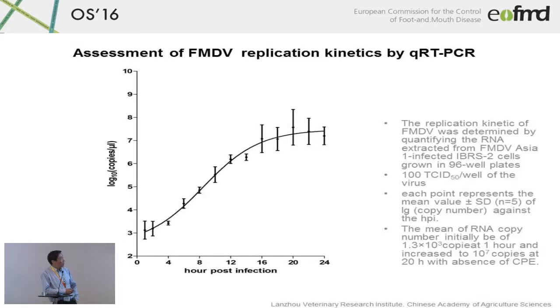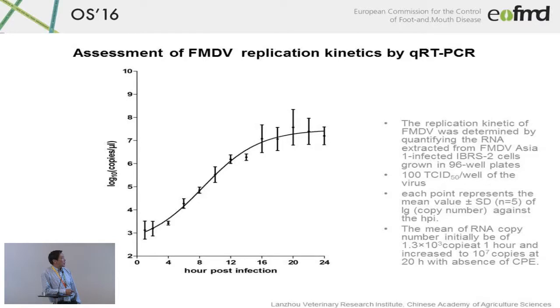From here you can see that 1 hour after infection, we used IBR2 cells and inoculated the cells with 100 TCID50, which is similar to when we do the VNT test. Then we looked at virus replication at different times of infection, in terms of virus copy numbers.